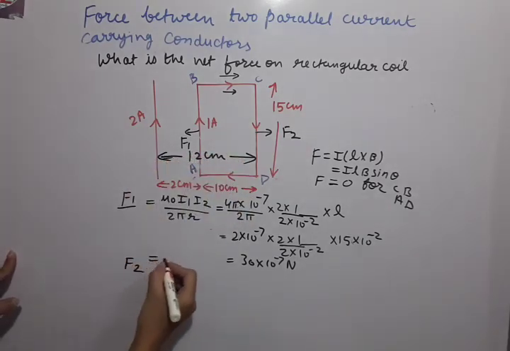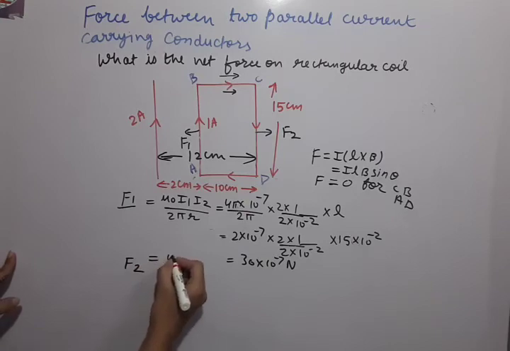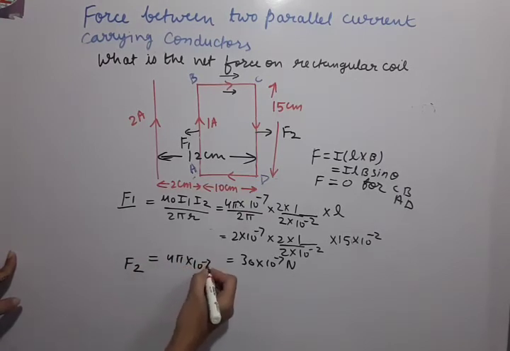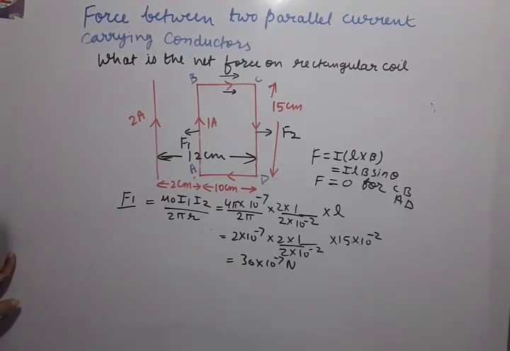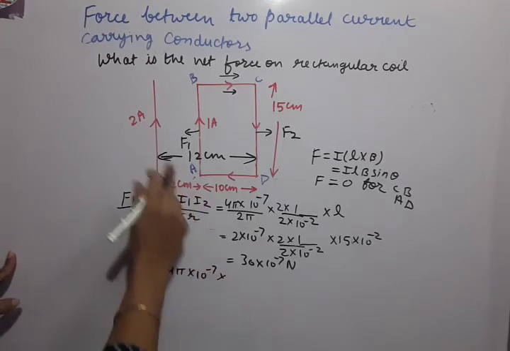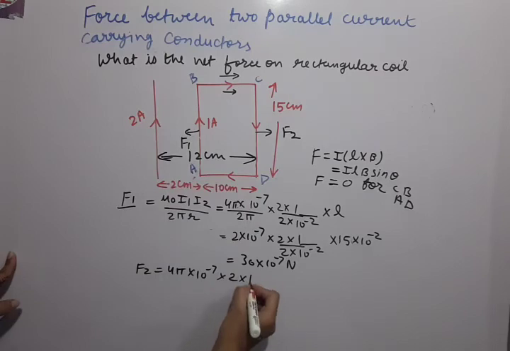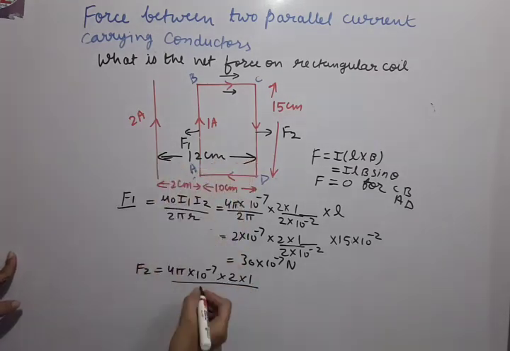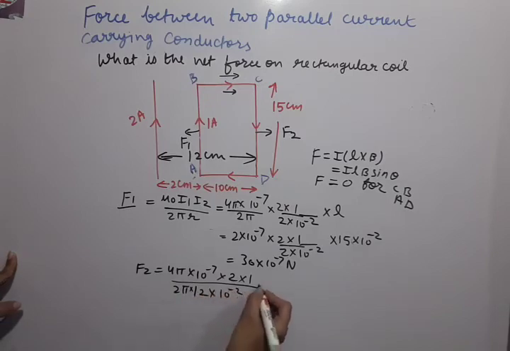Okay, let us put all the values. Mu 0 is 4 pi into 10 raised to power minus 7. I1, I2 is 2 and 1, upon 2 pi into the distance, which is 12 centimeter.